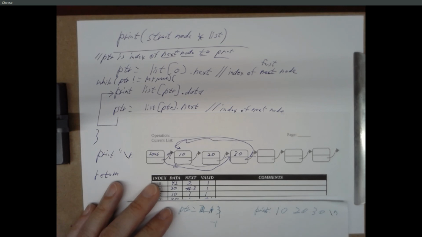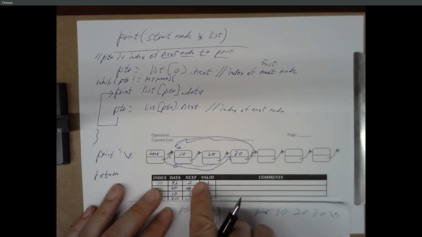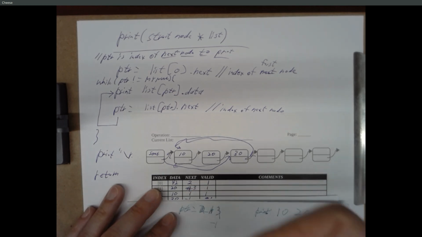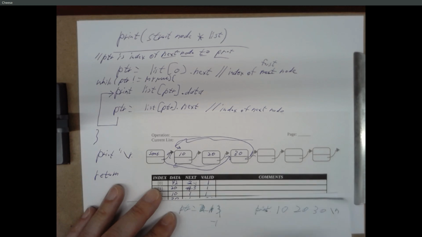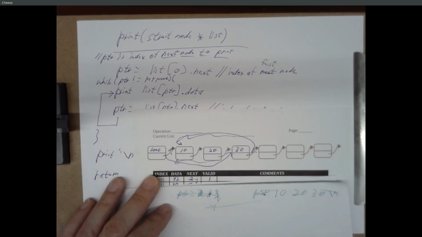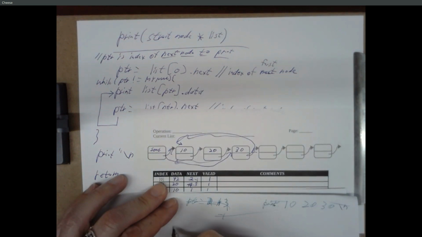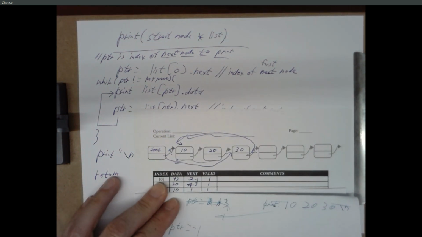What about if the list is empty? What if the Sentinel node has a next field of -1, which is an empty list? Well, pretend you're a computer. PTR is going to be equal to list[0].next. So first time you come into here, pointer is going to be equal to -1.